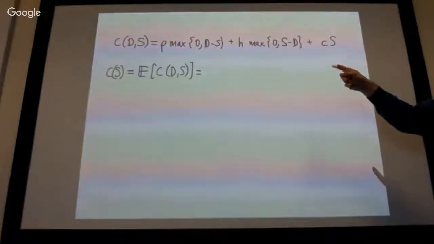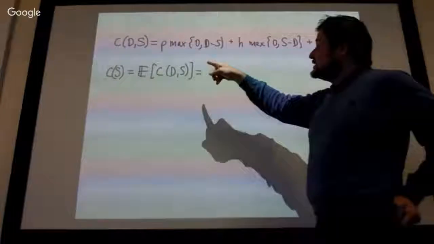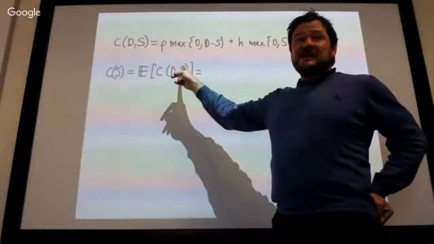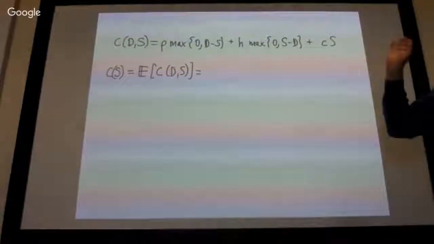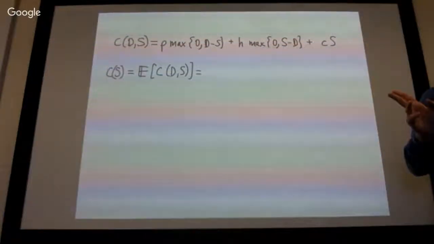P is a constant, so you need to find the expectation of this. Now, that is 0 much of the time, and it's D minus S the rest of the time. So how do you find the expectation of something?